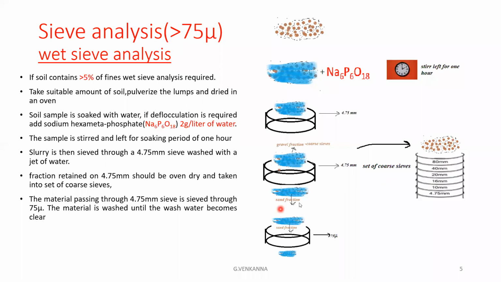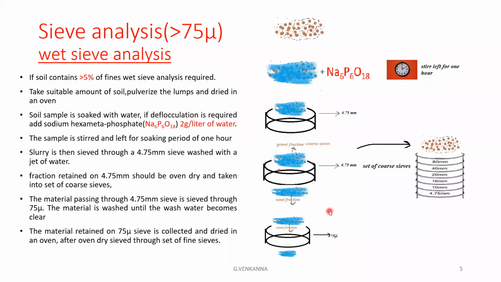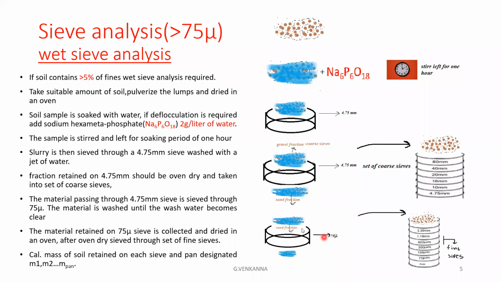Now the sand fraction passing through the 4.75 mm sieve is again sieved through a 75 micron sieve. The fraction passing through the 75 micron sieve is separated, and the fraction retained on the 75 micron sieve is taken to a set of fine sieves.